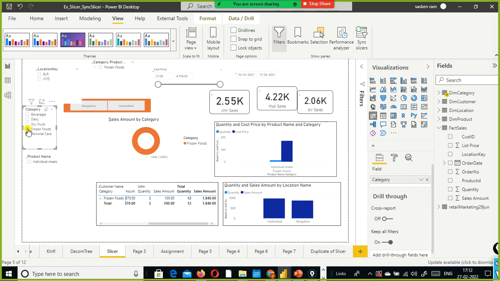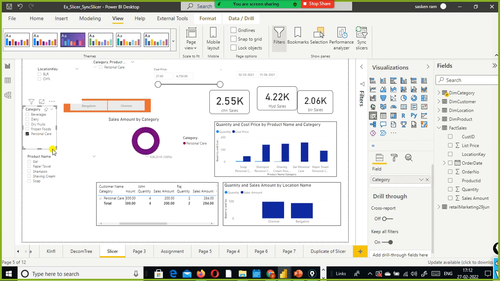And if I select personal care, it should display the products that are part of the category in this product slicer. It is doing it. Okay, this is called cascading.